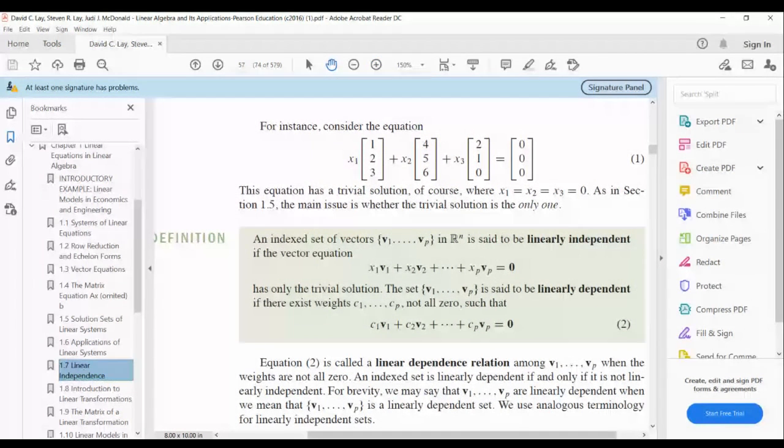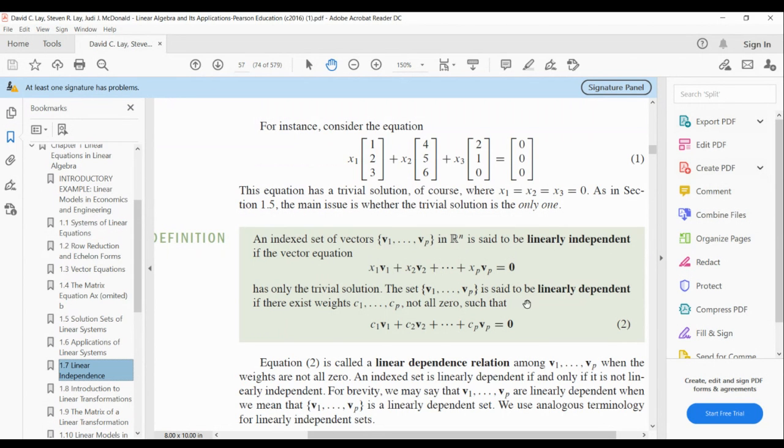Okay, so this is the definition of linear independence and linear dependence, and it's one of the most important definitions you're going to see in this course. If you have this first vector equation, and the only solution is the trivial solution, meaning that x1, x2 up to xp are all zeros, then the set of vectors is linearly independent.